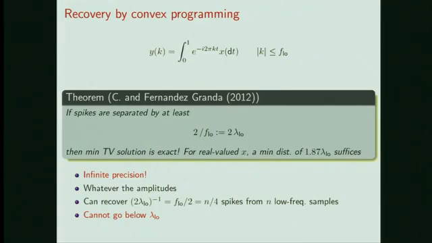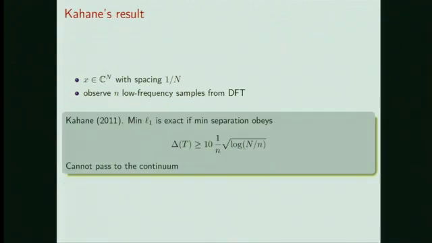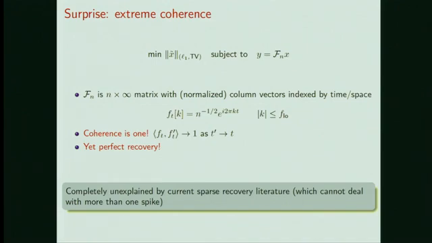So there's a separation condition. In the discrete setting, there's a related result by Jean-Pierre Cahan, which maybe I can explain offline, which is not as sharp as what we've got in particular. It does not allow you to pass to the continuum, but it's a great result. And so we have this exact correctness of L1 under coherence equals 1.